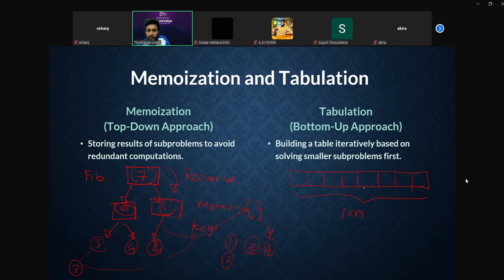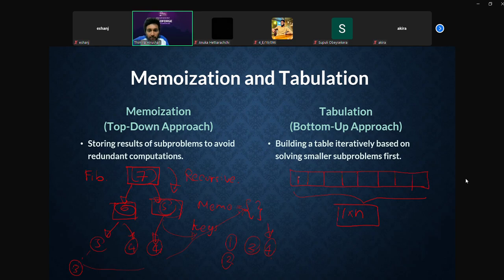In this case, we are building a 1 by n grid. I will not go deeply into how to select this grid because when we are discussing the problems, you will understand that.